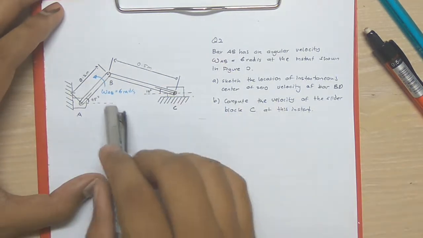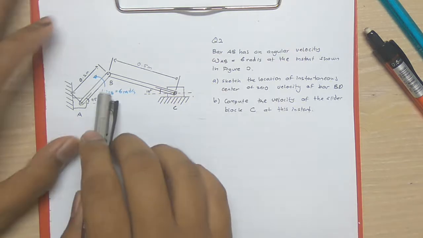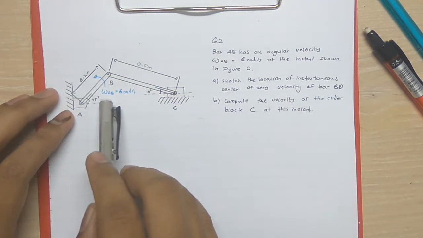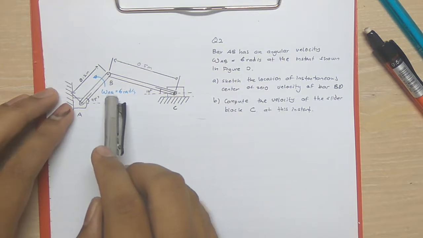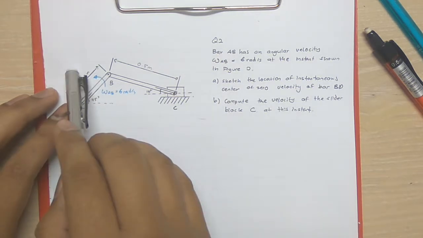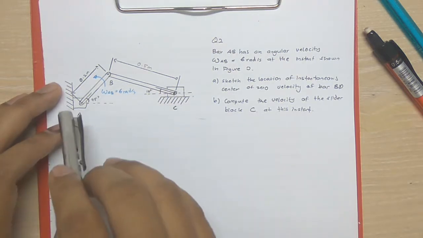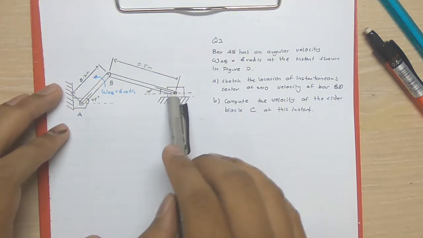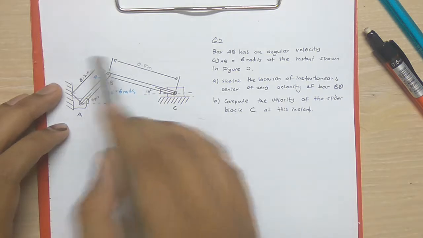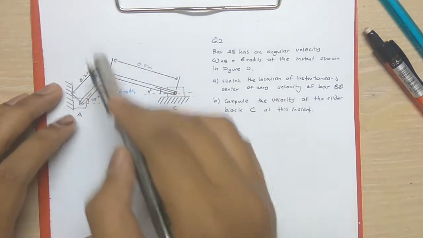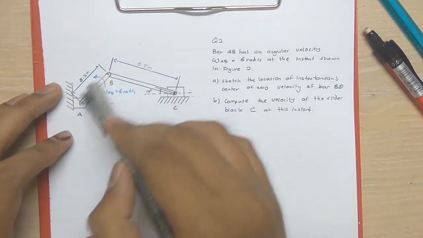When you see the figure and the omega AB, we know that the bar rotates to the left. That means for C, this is A, B, C, C will go to the left, and B will go to the left also, but in a straight line perpendicular to the bar AB.